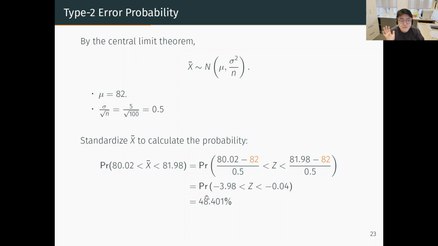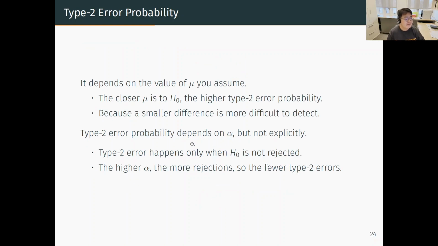So with 84%, you will fail to detect that difference, whether it is 82 milligrams or 81 milligrams, or the difference is just measurement error or not. And also, type 2 error probability depends on alpha, but it's not clear. But intuitively, you can explain that.